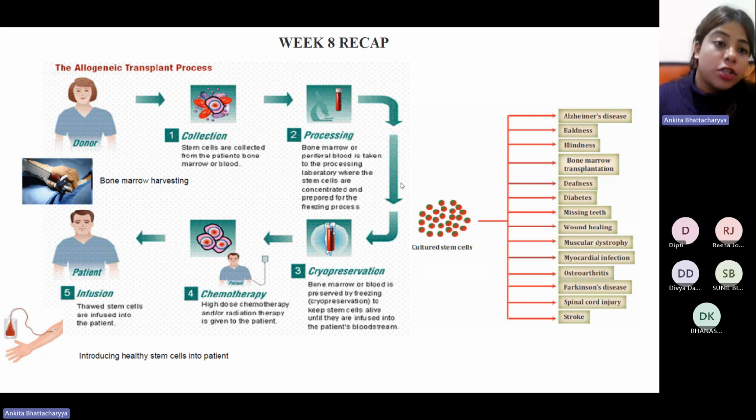When it is from a different species into us, for example, when in certain cases heart valves are replaced, when people have to undergo critical surgeries where they need a valve replacement, then in many cases bovine sources or pig sources or other different types of valves are often used, and they are introduced or transplanted into a patient.